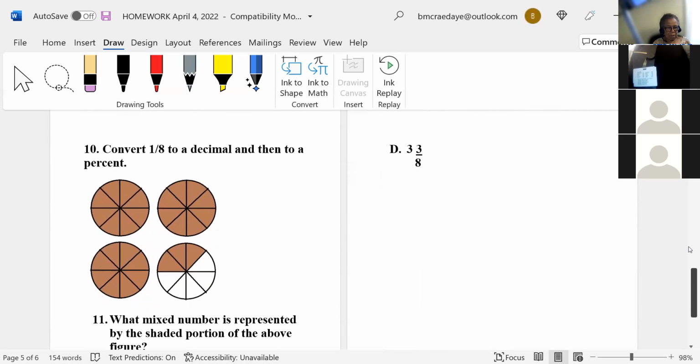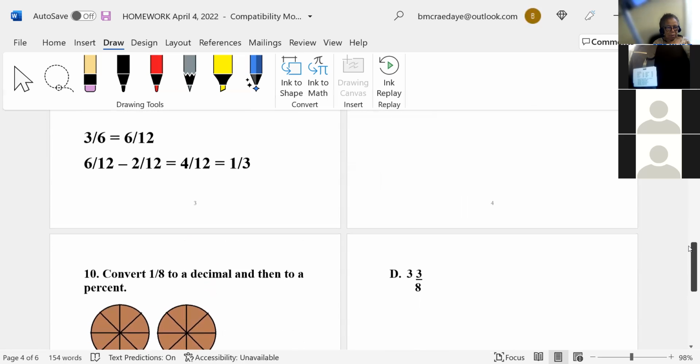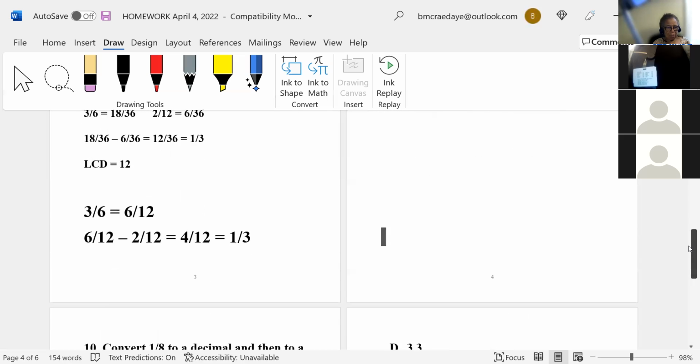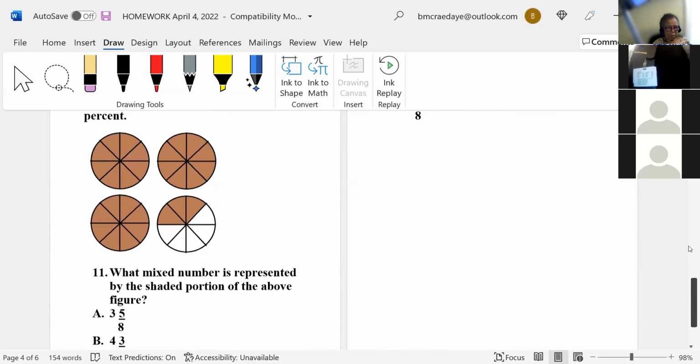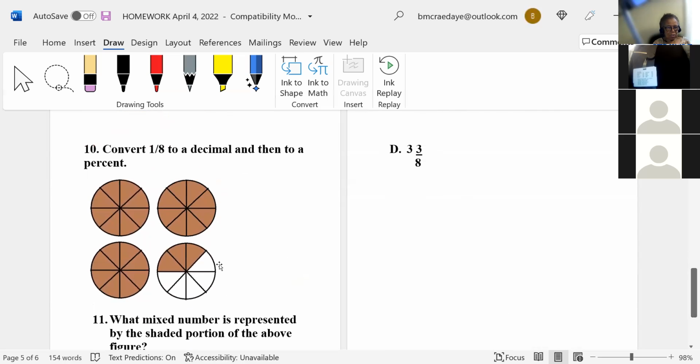Okay. Convert 1/8 to a decimal. And then to a percent. Okay. All right, these are different problems.